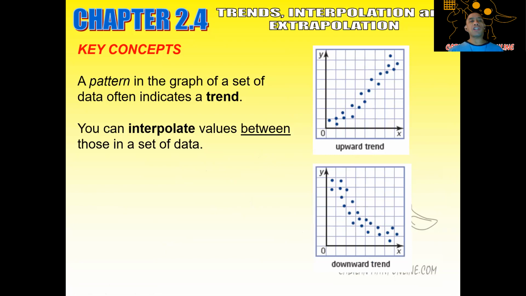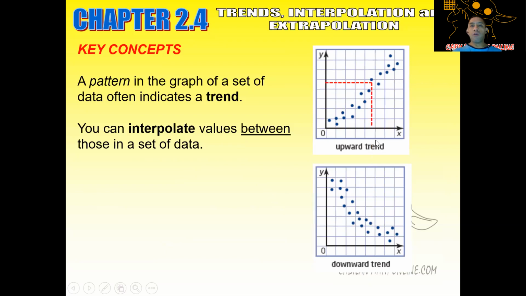Now, the first type of prediction is what's called interpolation, or for us to interpolate. The definition of interpolation, or what it means to interpolate, is to come up with a guess of a value based on the data that's given to you, and you're basically looking inside the data. If you take a look at the two graphs that you see on the screen over here, the way I'm going to display interpolation is using a line which estimates what the values will be.